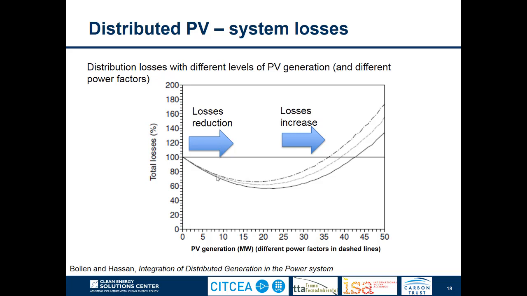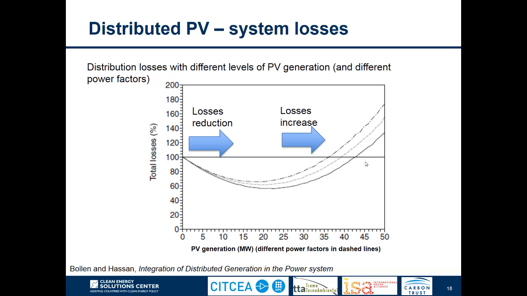Increasing the PV means that we are reducing the power flows because we are supplying power directly from the generation to the hotel. So we are reducing the currents in the distribution network, and therefore we are reducing the losses. There is a point where we are optimizing, and if we keep increasing more and more the generation, then we see that we are increasing the losses.